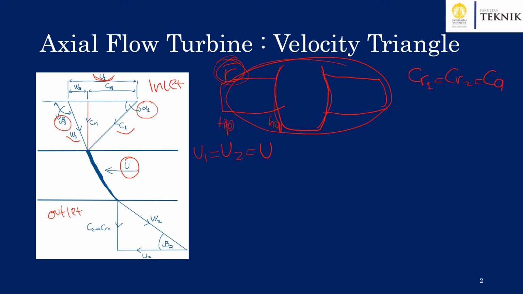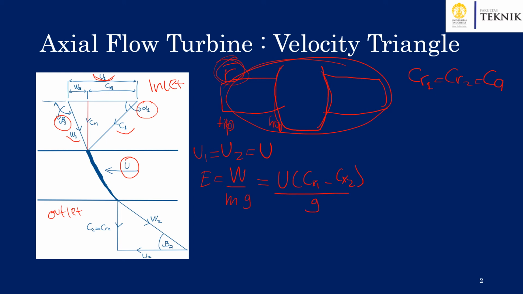And to get the Euler equation, or the Euler turbine equation, for the axial flow turbine, we know that E is equal to W divided by m multiplied with gravity, or we can write it down as U multiplied with Cx1 minus Cx2 at the outlet, divided by gravity.